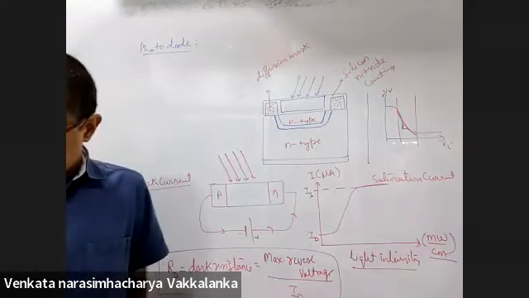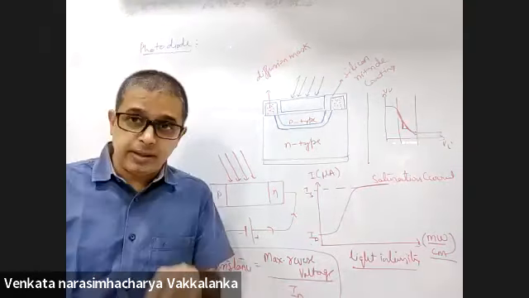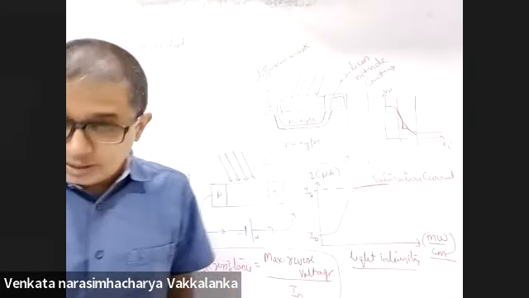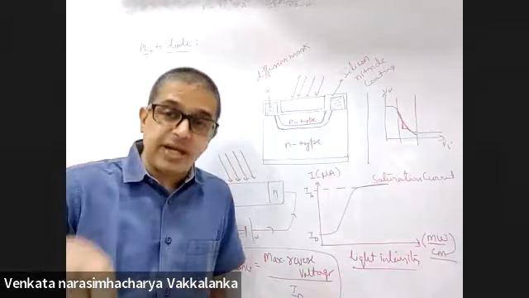Third point, this is the working. So when they ask you for 2 marks working, these 3 points you will write. The third point is important to explain the working of this photodiode.